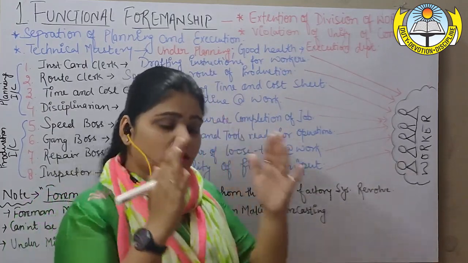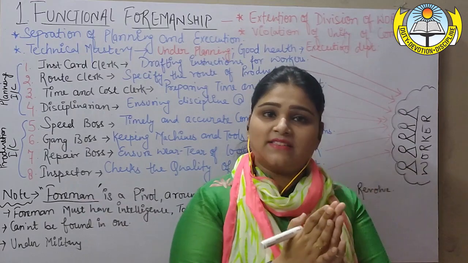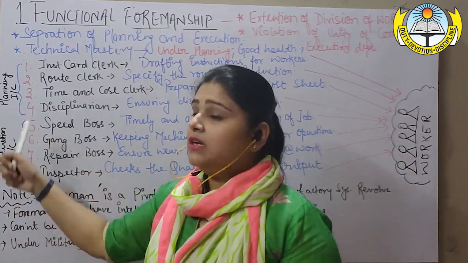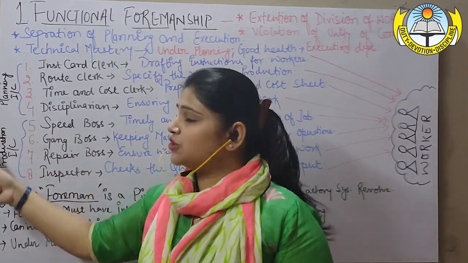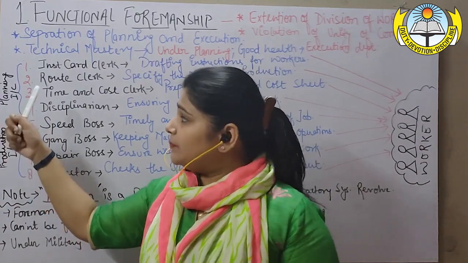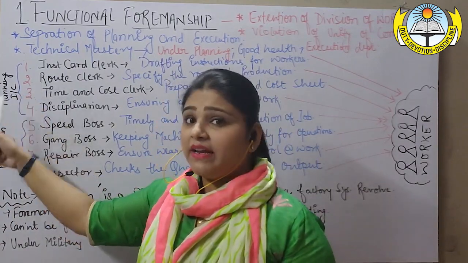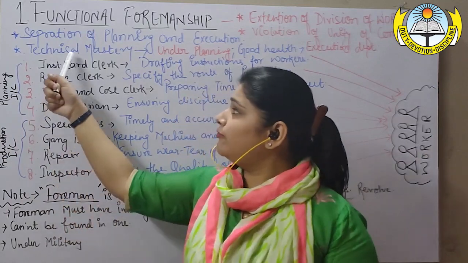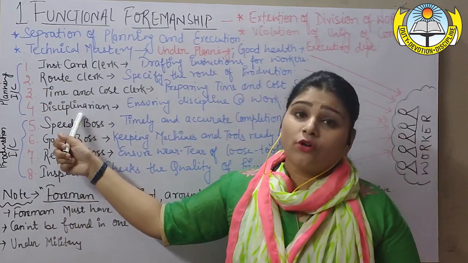So the total factory setup has been split into two major departments, planning in-charges and production in-charges. And then the planning department will again be split into four major foremen.